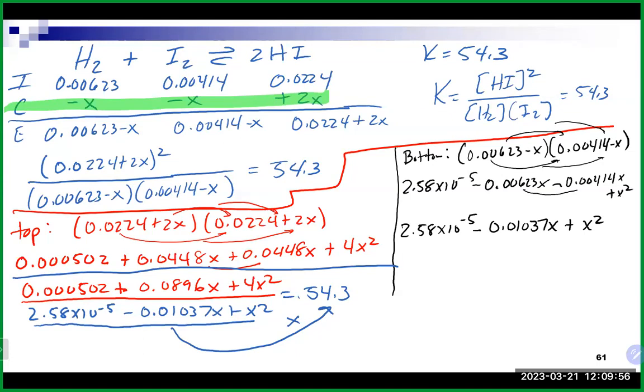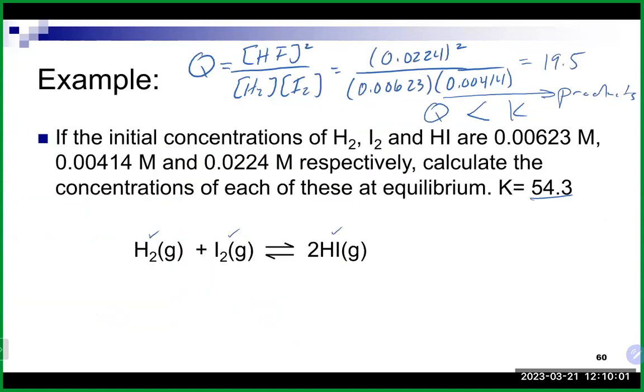Did I check if the Q, is that what you're asking? Yeah, it was what we did here at the very beginning. So because we were given the initial concentration, everybody, you have enough information to go directly into Q, and Q is calculated the exact same way as you calculate K. So it's products over reactants using the coefficients as the exponents. So basically that's what we did here. We basically just threw in our initial concentrations into the Q expression, and then we compared it to the K value that was given to us.